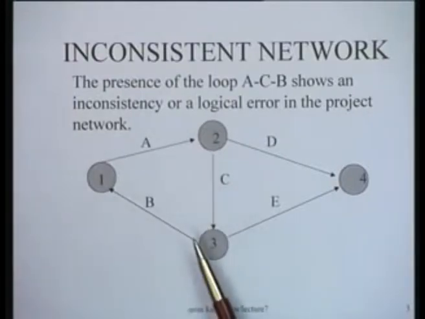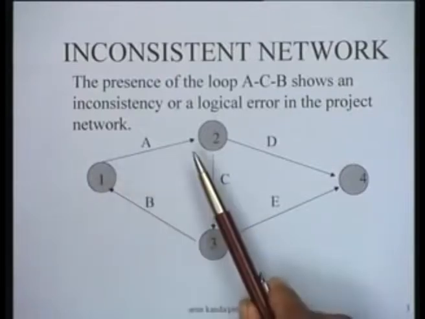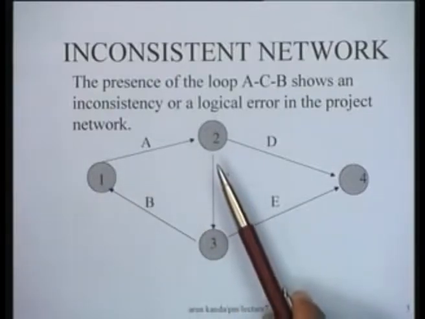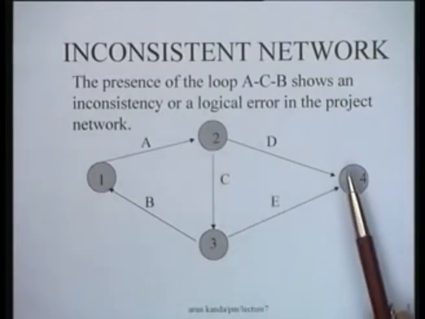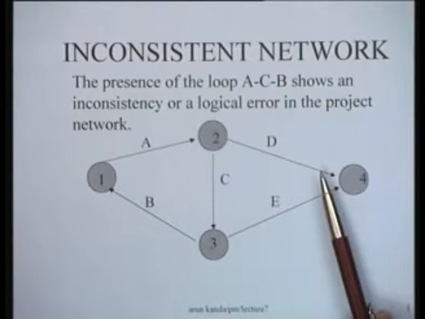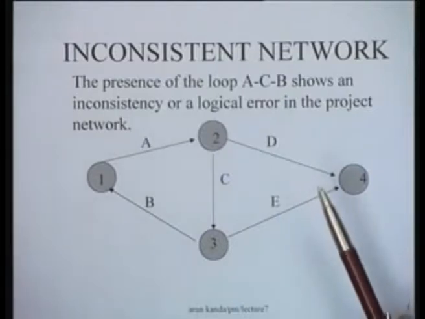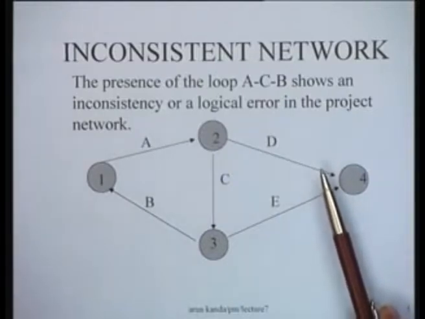But they must be detected. These errors must be detected because they are logical errors, and they would produce a wrong analysis if we rely on that. In fact, a proper network analysis would not be possible on an inconsistent network.